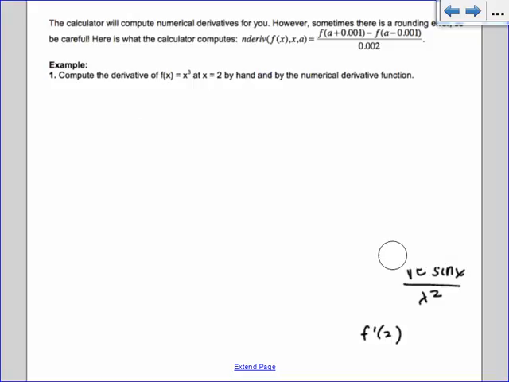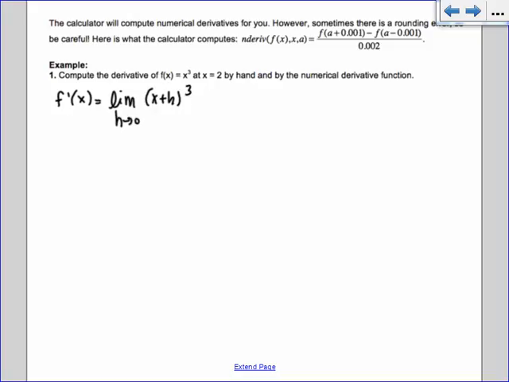So in this first example, it says compute the derivative of f of x equals x cubed at x equals 2 by hand, and then by the numerical derivative function. If I'm computing the derivative by hand, I haven't taught you the shortcut yet, where we do the limit as h goes to 0 of (x plus h) cubed minus x cubed all over h.